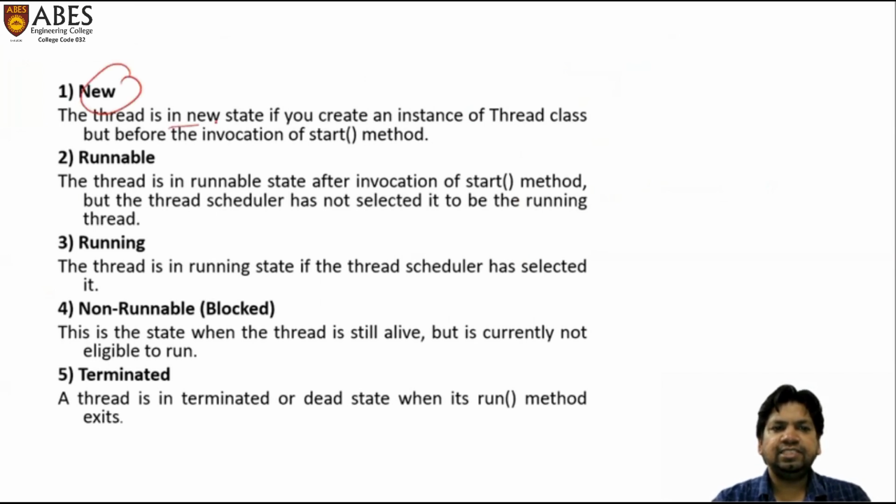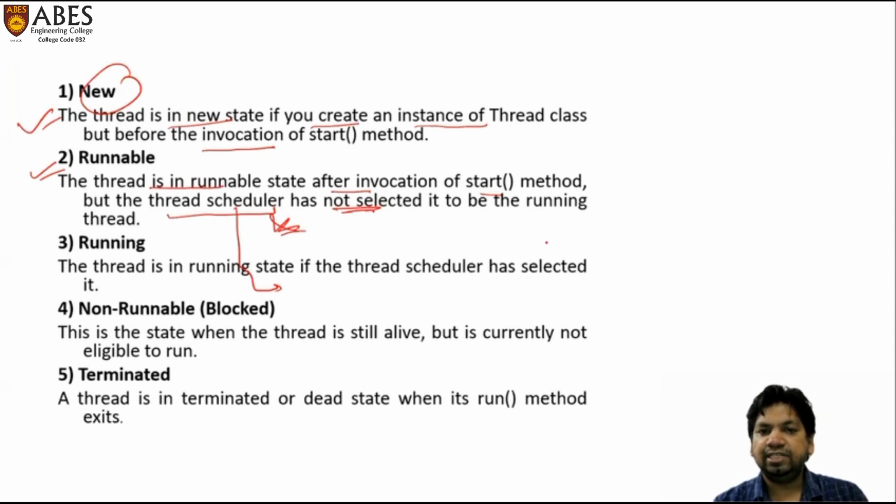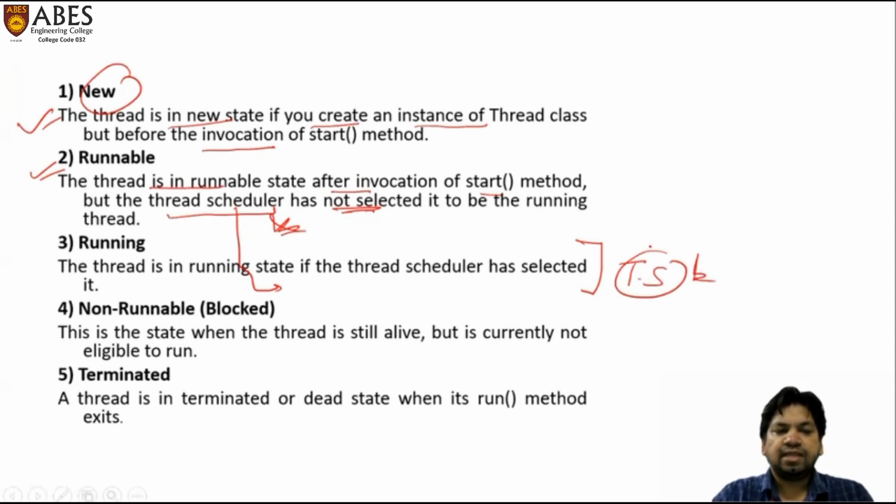In the new state, the thread is new if you create an instance of the Thread class but before the invocation of the start method. Before start, the thread is in the new state. In the second part, runnable, the thread is in the runnable state after the invocation of the start method, but the thread scheduler has not selected it. This is an important point: the thread scheduler comes in the third state, not the second. The thread is in the runnable state after invoking start, but the thread scheduler has not selected it to be running, which is a very important line.